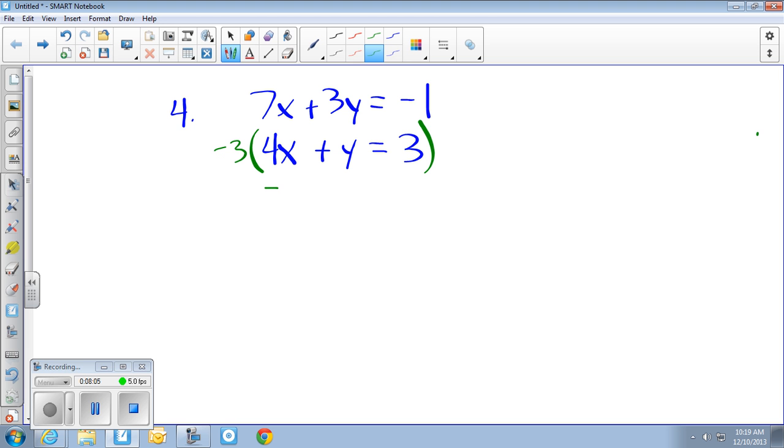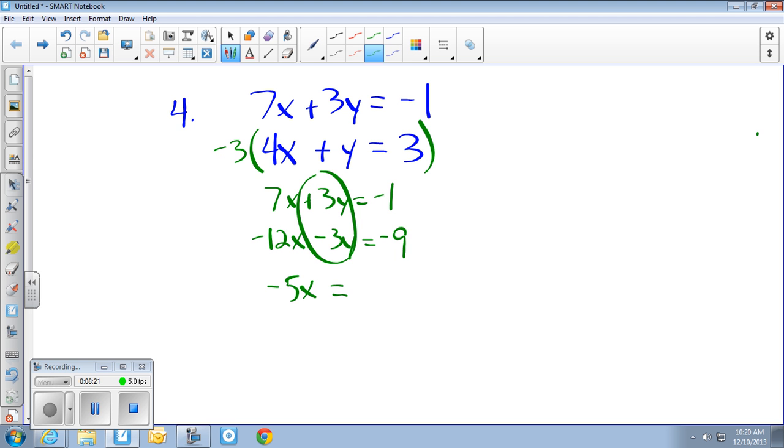So I'm going to rewrite the top. And now rewrite the bottom, everything multiplied by negative 3. And then those y's will cancel out. That leaves me with a negative 5x and a negative 10x is equal to 2.